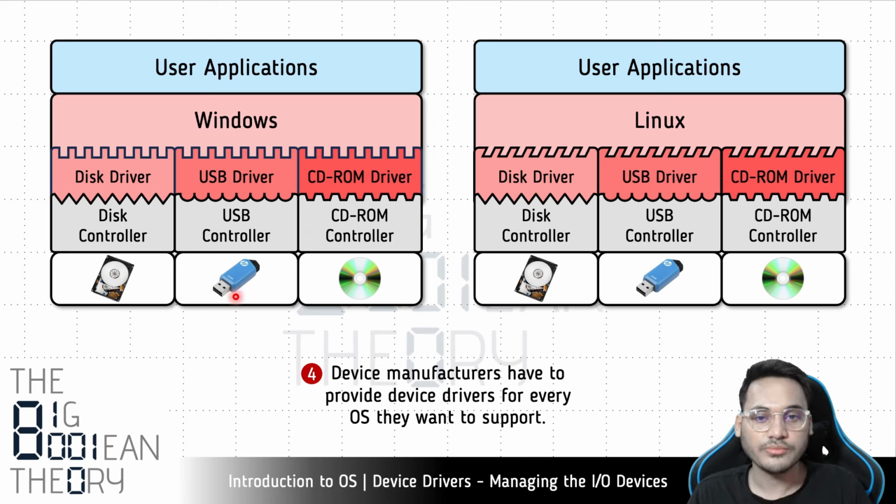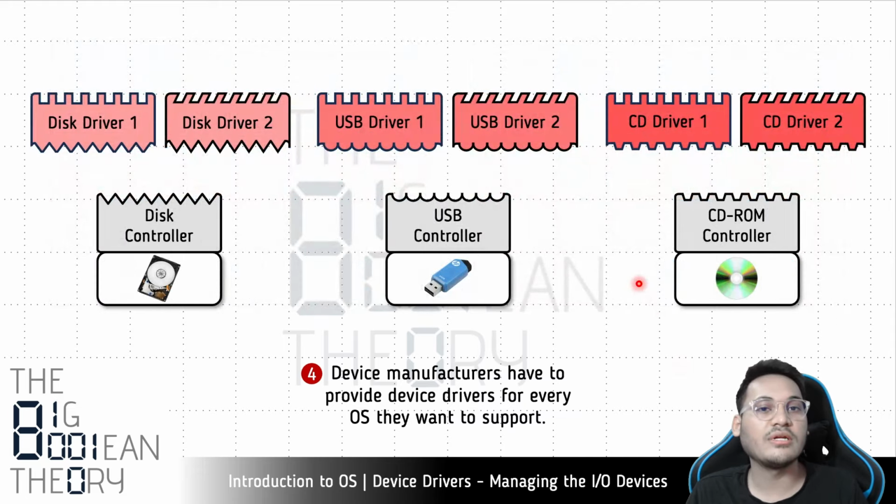So you can see for each of these storage devices, there are two drivers, one for Windows and another for Linux. It is the responsibility of the device manufacturer to write as many device drivers as the number of operating systems that they want to support. And this is again a challenging job which the device manufacturers have to do.